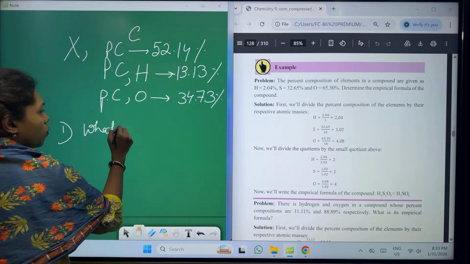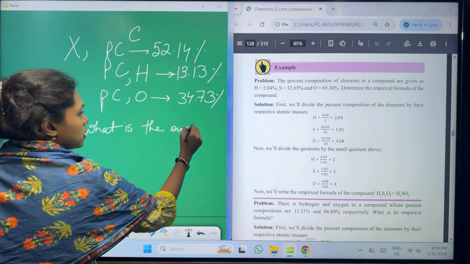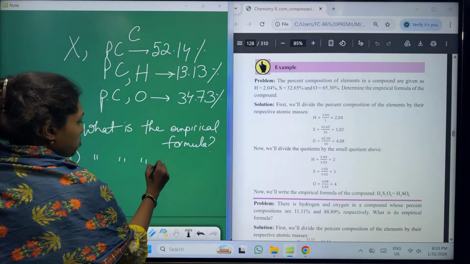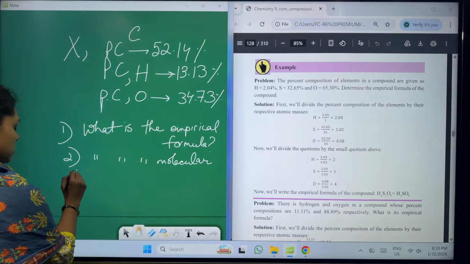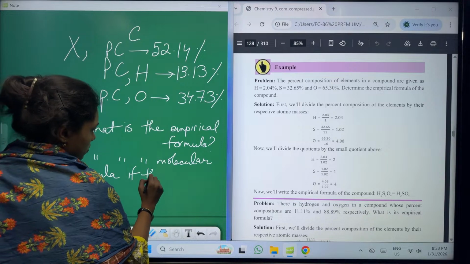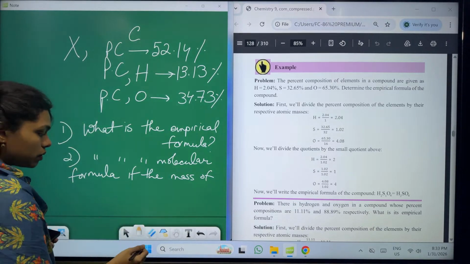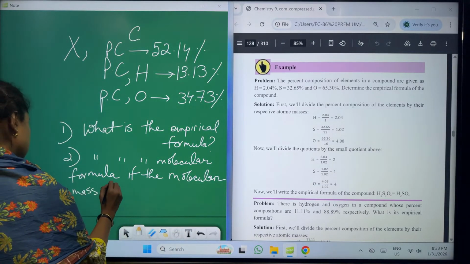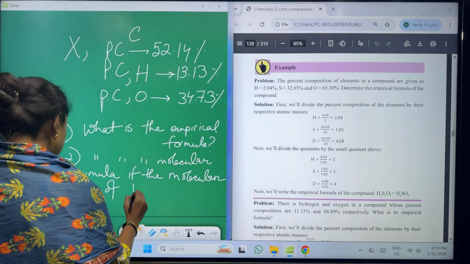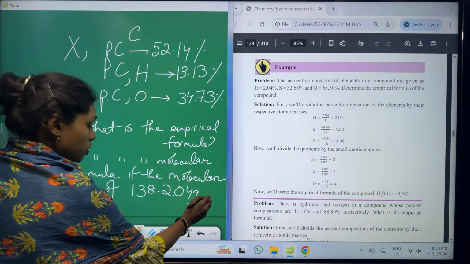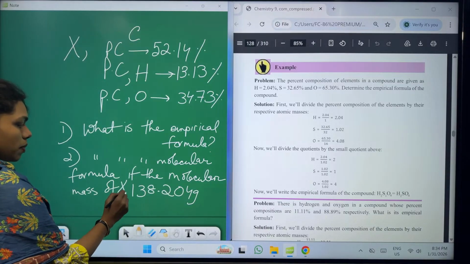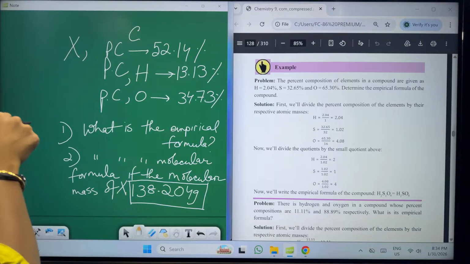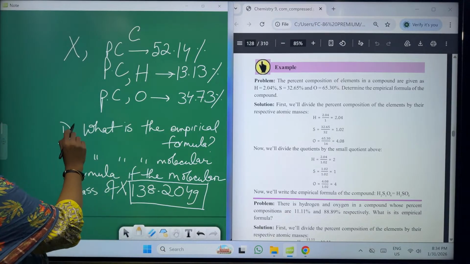Number 1 question is, what is the empirical formula?